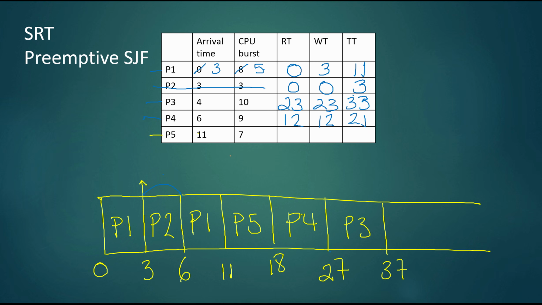And P5 arrived at time 11, first got the CPU at time 11, did not wait at all, and was active in the system the 7 time units of its CPU burst. So that's how you do shortest remaining time or shortest job first preemptive.